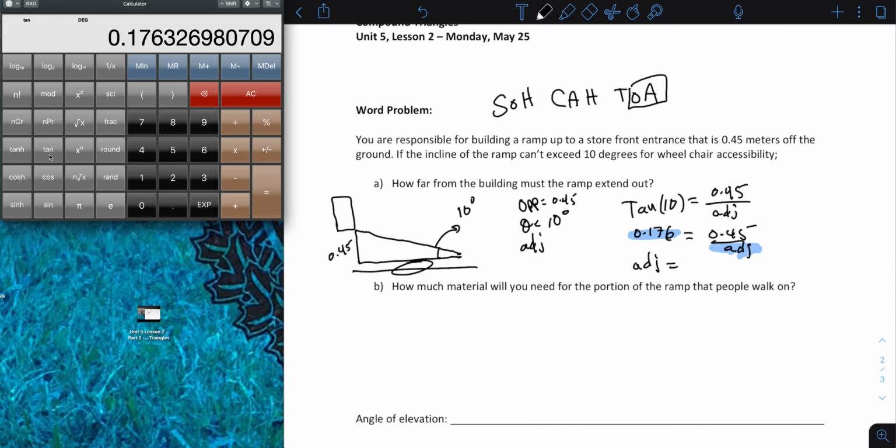I showed you the math up above. And then I can just do the math on that, and the adjacent side length is 0.45 divided by 0.176.